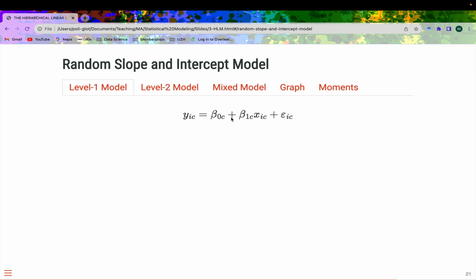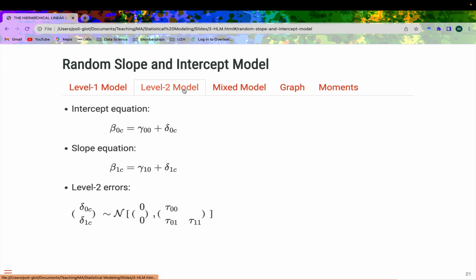Now, the level 2 model is also going to change, because notice that we have now two random coefficients here. Beta 0c, because it varies across C, is a random coefficient. But now also beta 1c is a random coefficient. So what happens is that now our level 2 model actually requires us to write two equations.